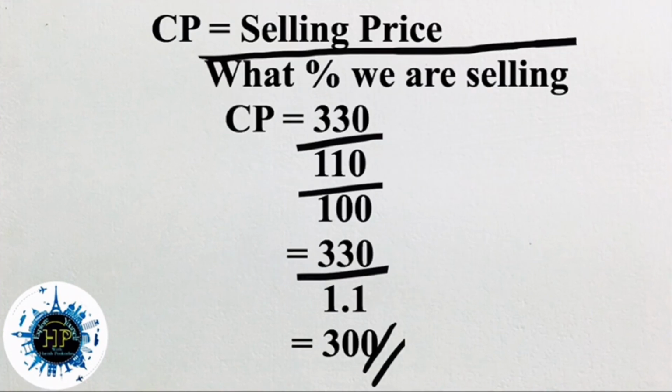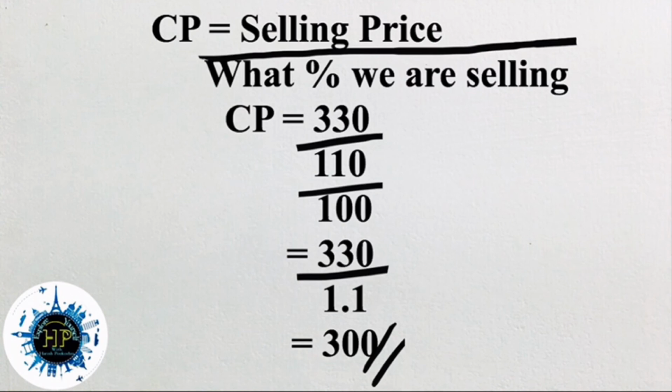So cost price is equal to selling price divided by the percentage at which we are selling. We are selling for 10% profit. 10% profit means 110% of cost price. So the equation is: cost price is equal to selling price divided by 110%. Selling price is 330, so 330 divided by 110%. 110% we can write as 110 divided by 100.